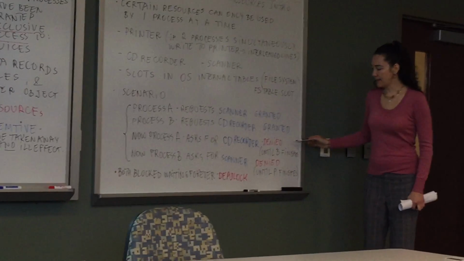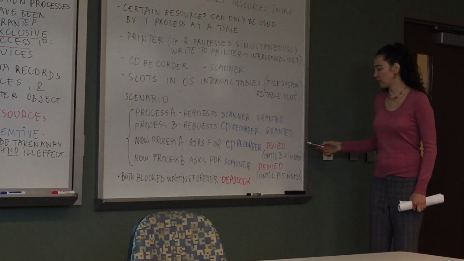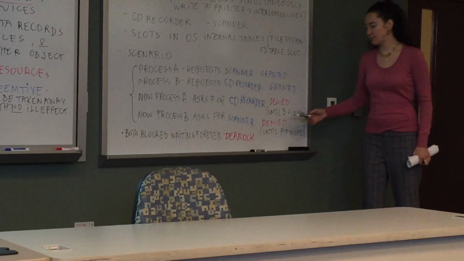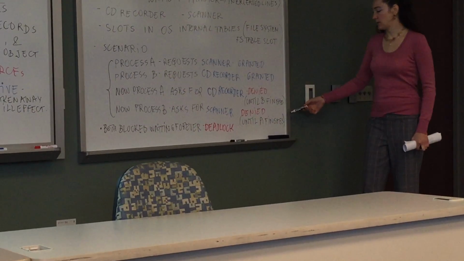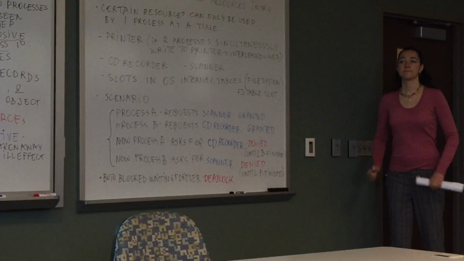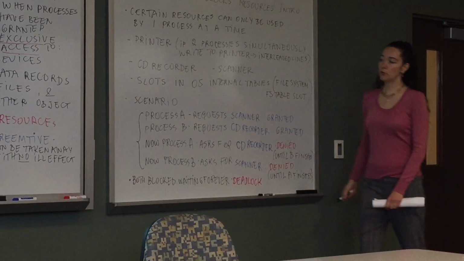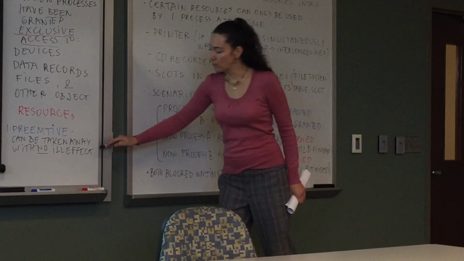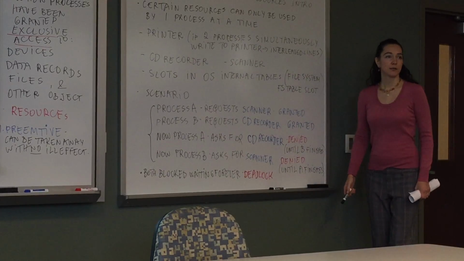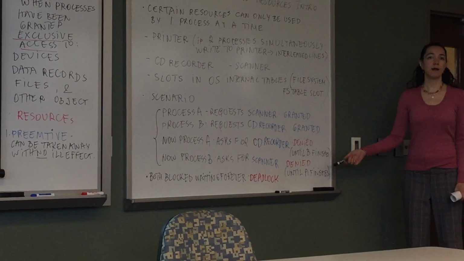Now process A cannot get the CD recorder, it's waiting on B. And process B cannot get the scanner because it's waiting on A. So do we want to take one of them away from one process so that the other one can run?